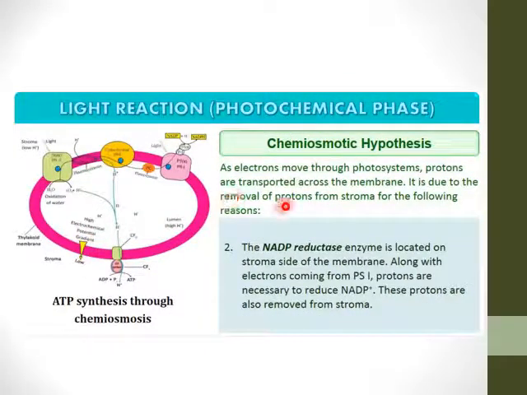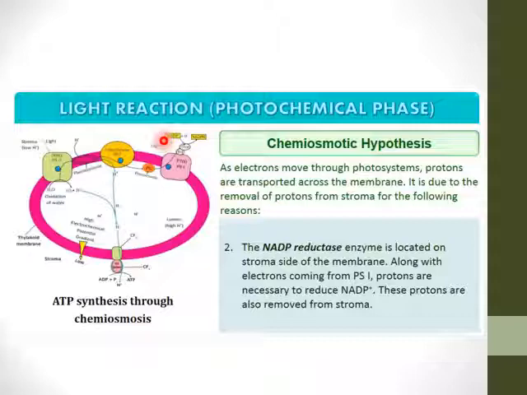As the electron moves through the photosystem, protons are transported across the membrane. It is due to the removal of protons from the stroma for the following reason. The second reason is that the NADP reductase enzyme is located on the stroma side, that is outside. This is your NADP reductase enzyme.